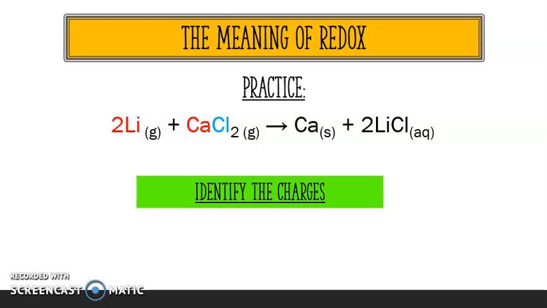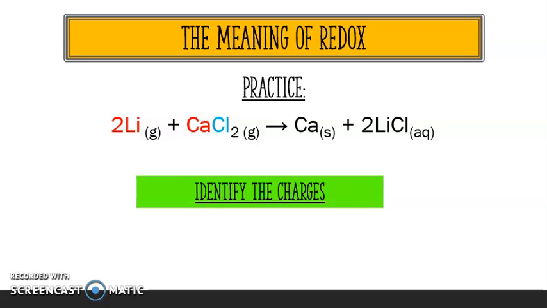Well, one of the very first things we're going to need to do is identify the charges of everything inside this reaction. Now, in chemistry, at least at this level, charges are often referred to as oxidation states or oxidation numbers. So for right now, the oxidation numbers and charges are essentially going to be the same thing.